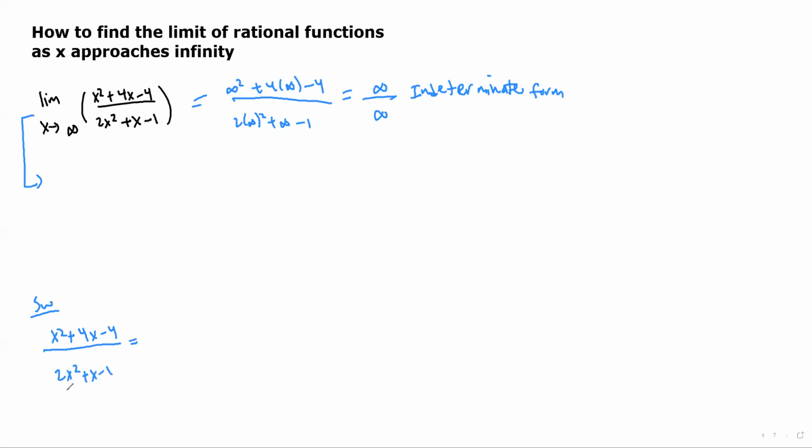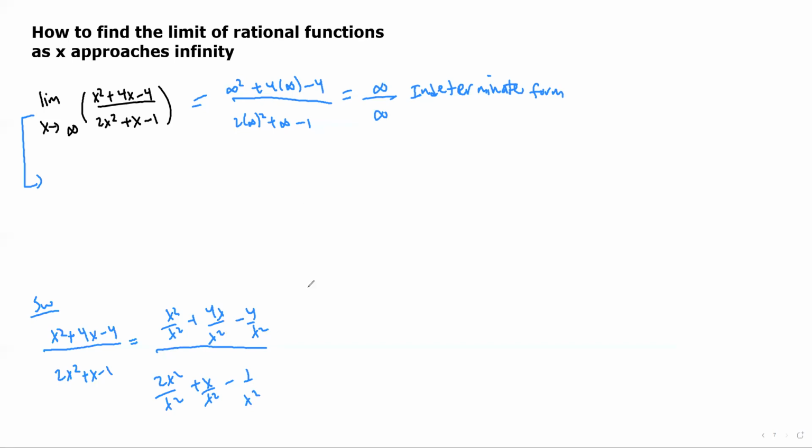So again, the highest power in the denominator is x squared. So I'm going to divide everything by x squared. So in this case, I have x squared over x squared plus 4x over x squared minus 4 over x squared. The denominator is going to be 2x squared over x squared plus x over x squared minus 1 over x squared.